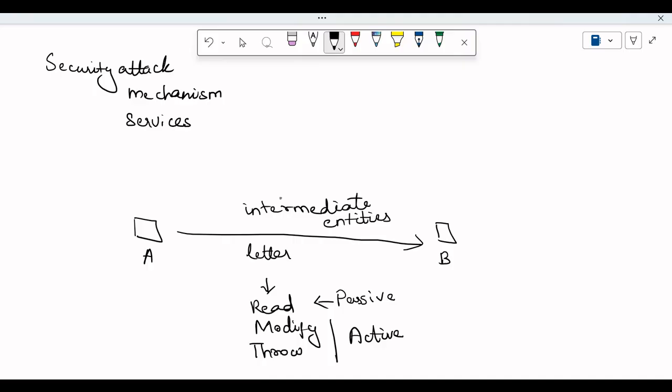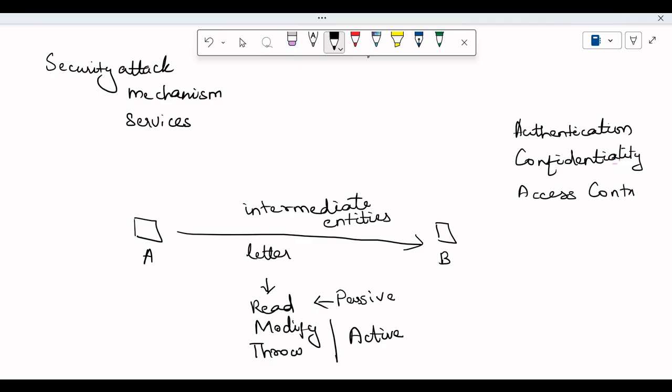So first comes the authentication, next comes the confidentiality, and next comes the access control. As the term suggests, access control prevents unauthorized access of any resources. Only the authorized entity should be able to access the resources.